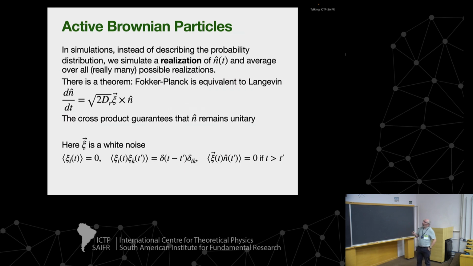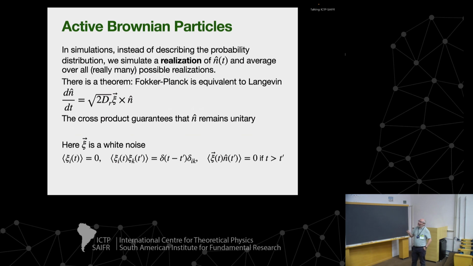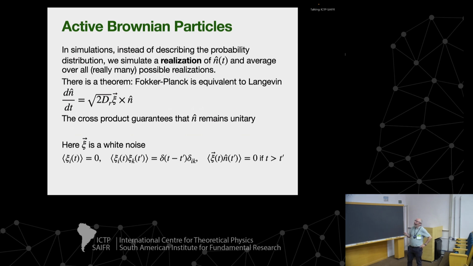That's what we say: we are going to simulate a realization of the director, and we're going to average, in principle, over all possible realizations. We're going to average over many. And there's a theorem that tells you that the Fokker-Planck equation is equivalent to a Langevin equation. And the Langevin equation, in this case, for the director, reads like that.